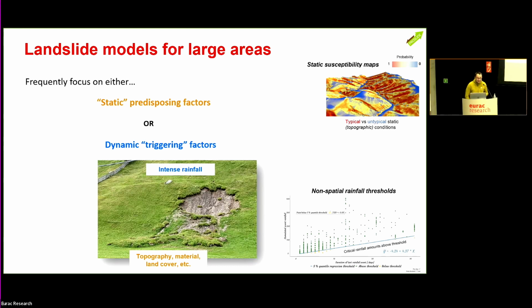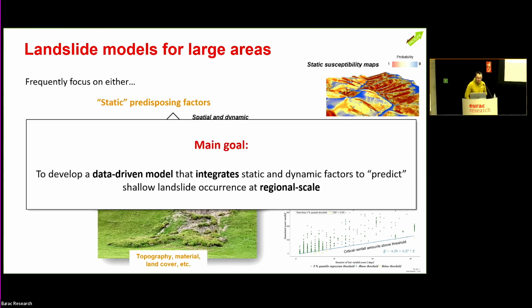So for instance, intense rainfall events to also produce such rather static, non-spatial rainfall thresholds, which are often used for regional early warning. Quite rarely, those two components, so the spatial components and the dynamic triggering or rainfall components, are integrated. And this is exactly what we tried to do in this project.